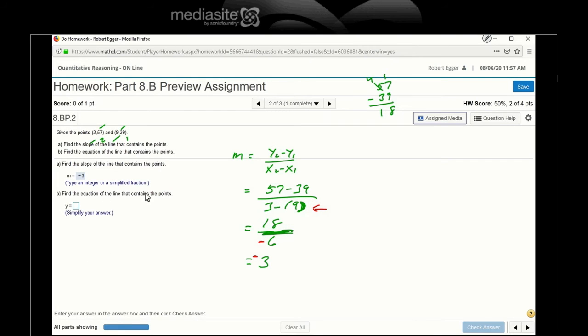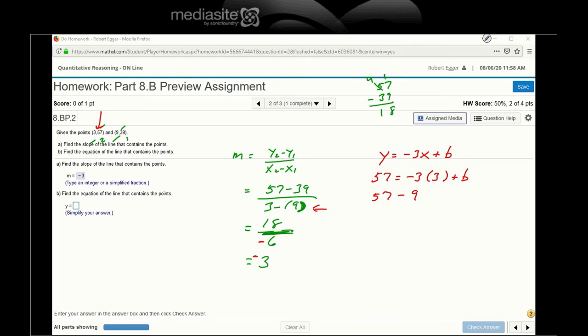Alright, now let's find the equation of the line that contains a point. Generally we know it's going to be y equals minus 3x plus b. So let's pick one of those points. Which one? It makes no difference. Let's do the first one. So when y is 57, x will be 3.